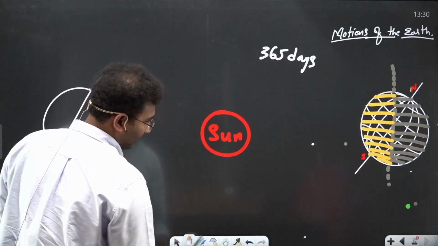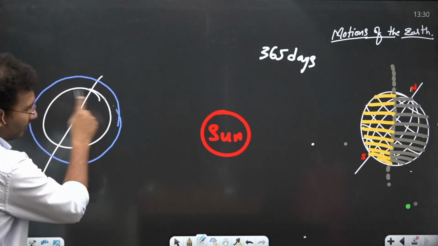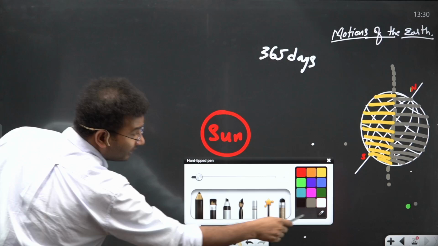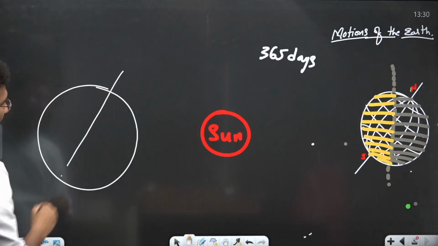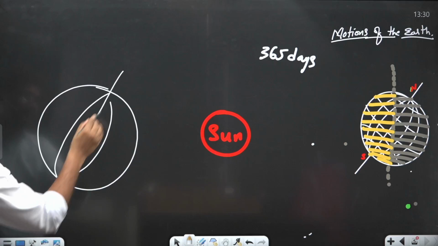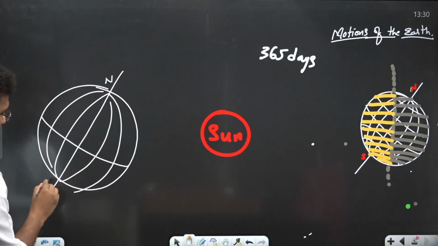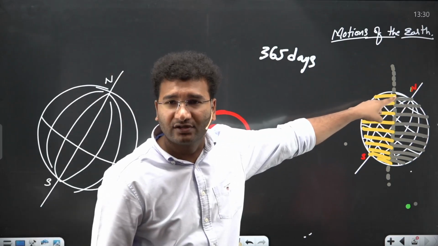See, if I am dividing the earth into two equal halves, try to understand this. Be careful here, try to watch this. I am keeping the earth here and this is the earth. This is North Pole and this is South Pole.